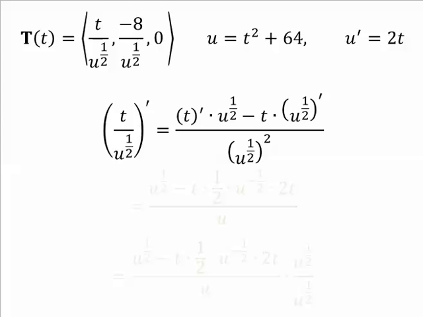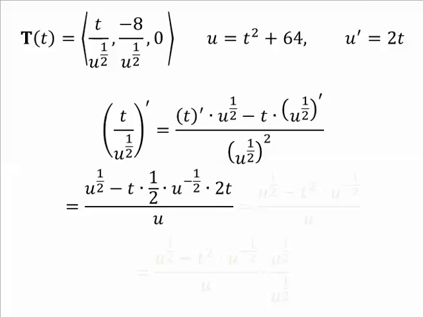And I'm going to have to use the chain rule because u is a function of t, so u equals t squared plus 64. All right, so the derivative of t is equal to 1. The derivative of u to the 1/2 is 1/2 u to the negative 1/2 times 2t.